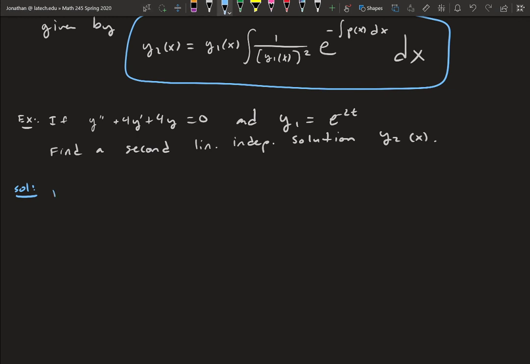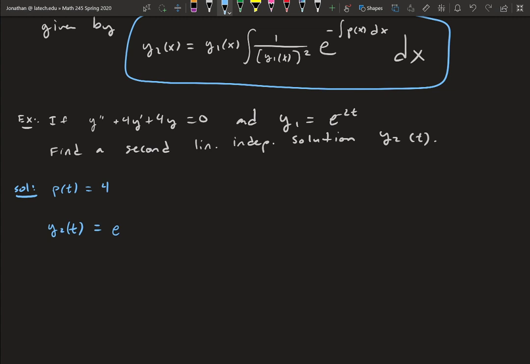First thing we've got to do is identify p of x. P of x here is just 4. So y2 is going to equal e to the, let's see, I have t here, but I have x here, so let me change these to t.